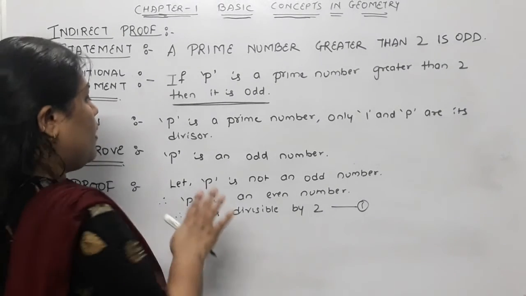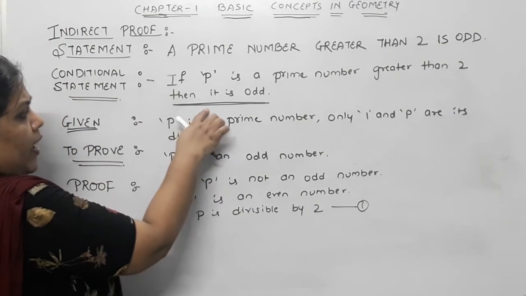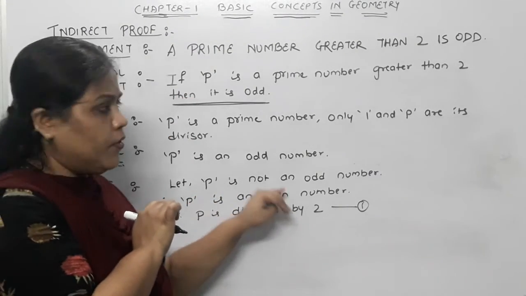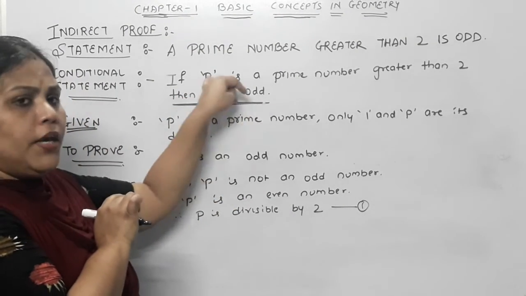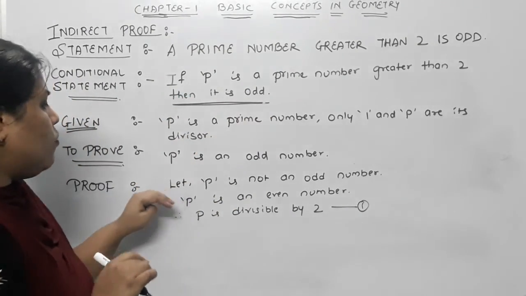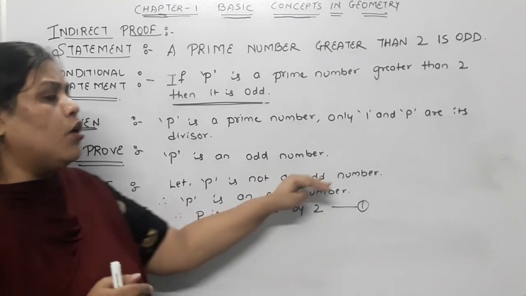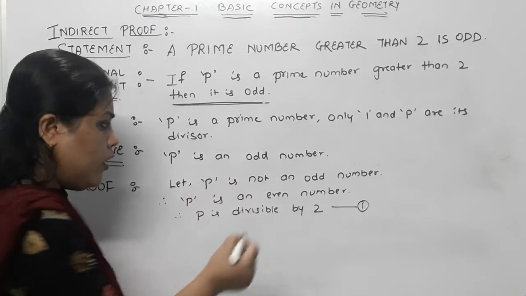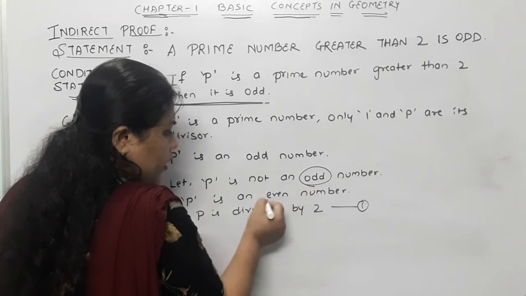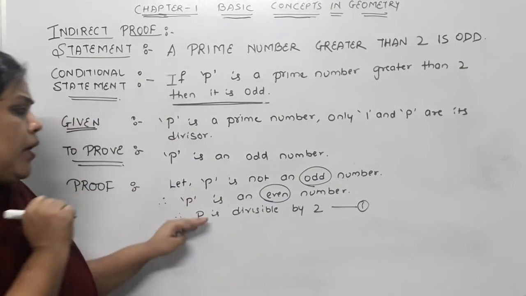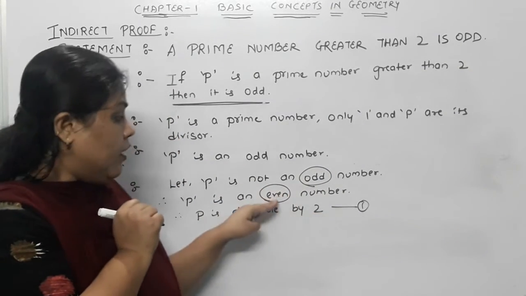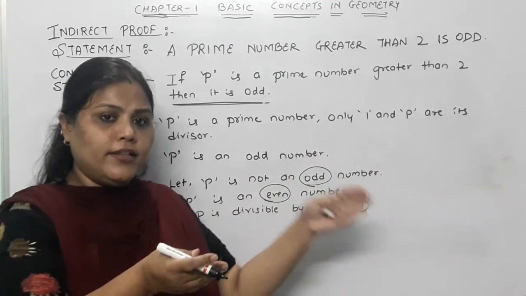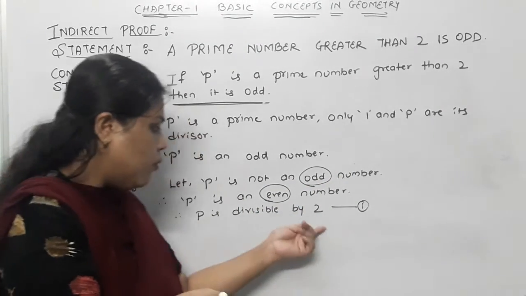See what I did? I had assumed it as false and I made it as even number. But what we assumed? P is not an odd number. Then what? If it is not odd, then it can be even. So P is an even number. If it is even number, even means 2, 4, 6, 8, the numbers which are divisible by 2.